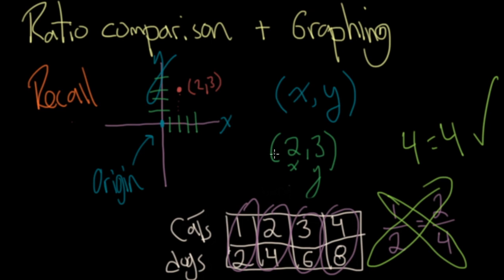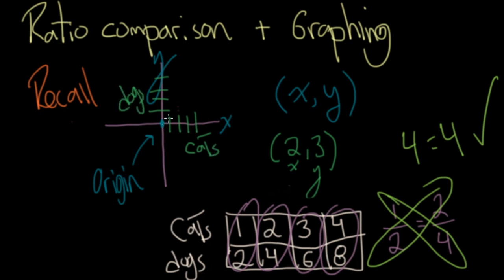And the cool thing about equivalent ratios, if we go back to our graph, is that for equivalent ratios, you can graph those things, and you make a line. So if you're going to graph 1 over 2, I'll say the x-axis are my cats, and I'll say these are my dogs on the y.